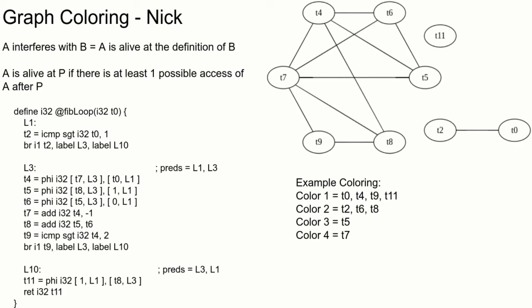You could imagine that each definition has a point right after it before the next definition starts, and that's where we're checking from. Same thing with t5 and t8. Those two do not interfere, because t5 is used at t8, but not after it.